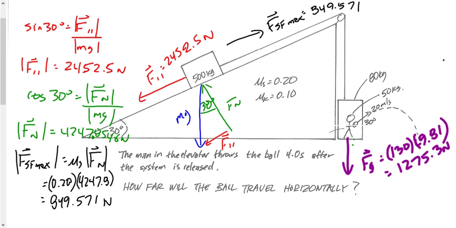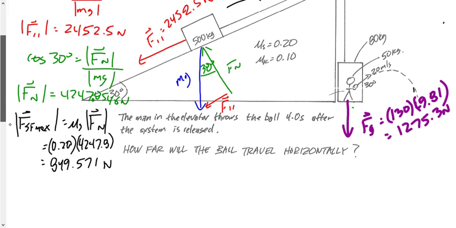Make sense? It moves. I was hoping it didn't move, because if it didn't move, then this would just be a projectile motion question. If it didn't move, we just analyze the motion of this thing. But since it moves, we got to deal with it. Okay. Let's straighten this out.